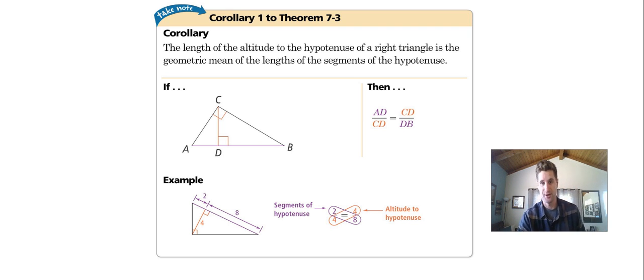But as you can see here, we're going to take the fact that we have 2 smaller similar triangles, and we're just setting the sides proportional to each other. So we've done this before. This isn't anything crazy. As you can see, we would do 2 to 4. So AD here would be 2, to 4 would be CD.